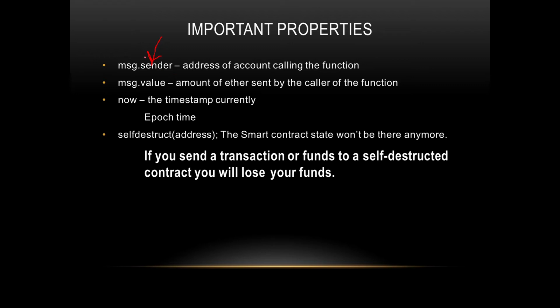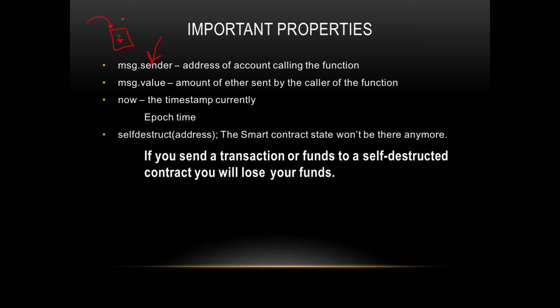After this, we can also make the owner of the smart contract. Let's say we have a contract out here, so how do we get the owner? Whoever deploys the contract is the owner.